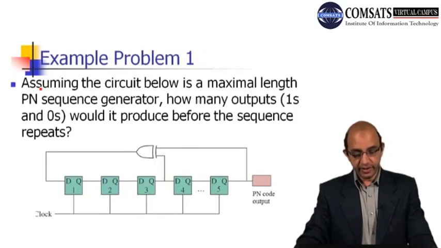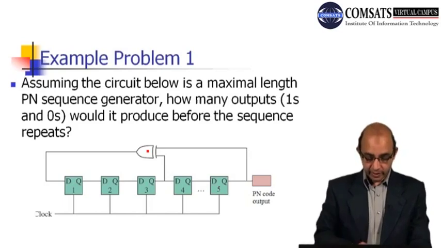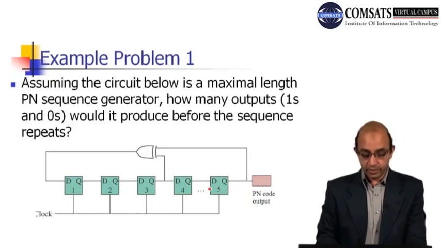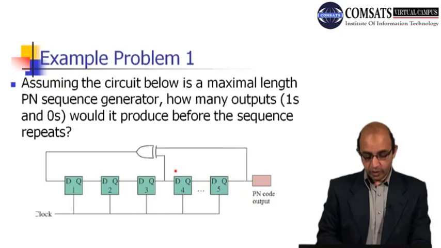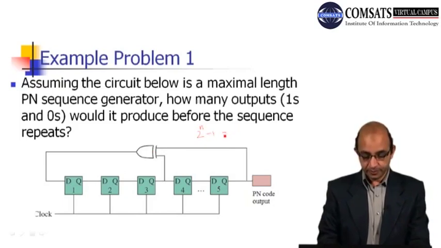Here is an example of a maximal length PN sequence generator. How many outputs, ones and zeros, would it produce before the sequence repeats, right? Here are the calculations. It's very simple. This is the PN code output, 1, 2, 3, 4, 5. We have the formula 2 raised to power n minus 1, where n is the number of flip-flops.